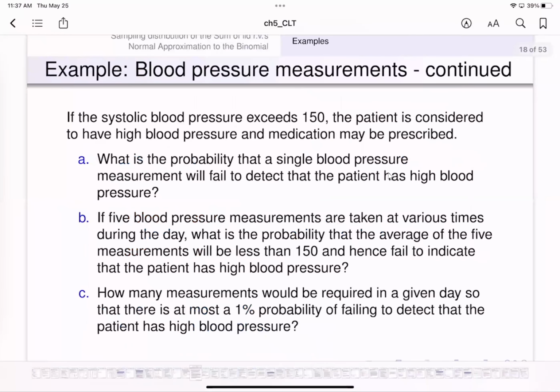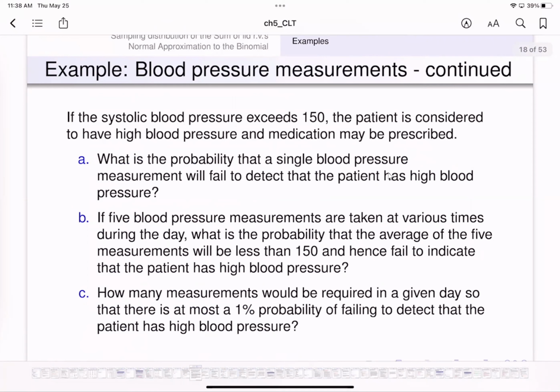Next example, suppose now if a systolic blood pressure exceeds 150, then the person would be considered to have high blood pressure and need medication. What is the probability that a single blood pressure measurement will fail to detect that the person has high blood pressure?